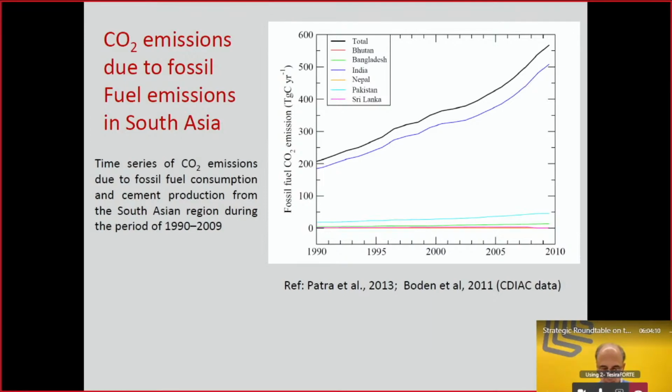You can see all the countries from Bhutan to Sri Lanka. The blue line is India, and the black line is the total. So it is very clear that we are the big brother in this continent. So we need serious note of observations.